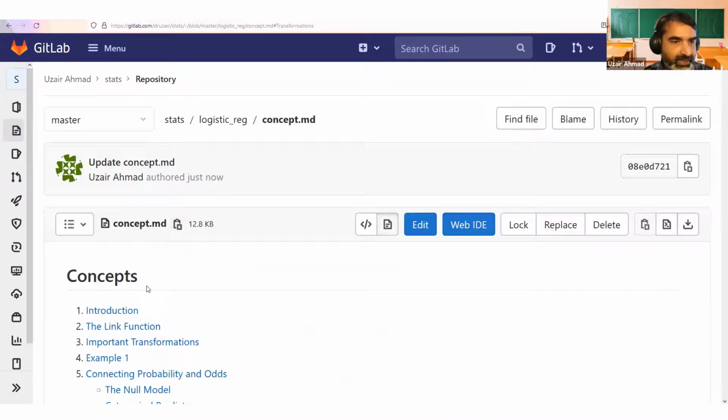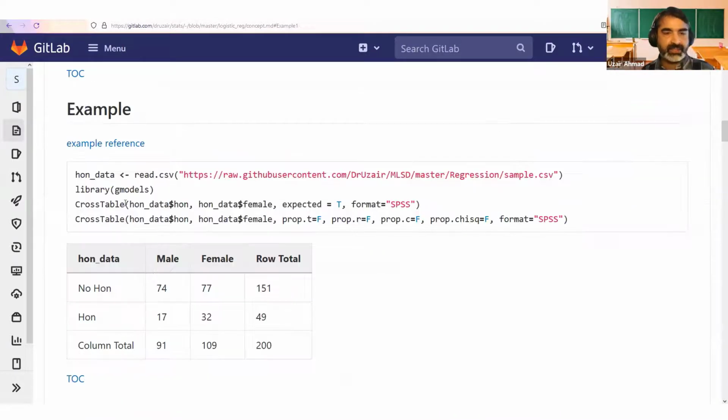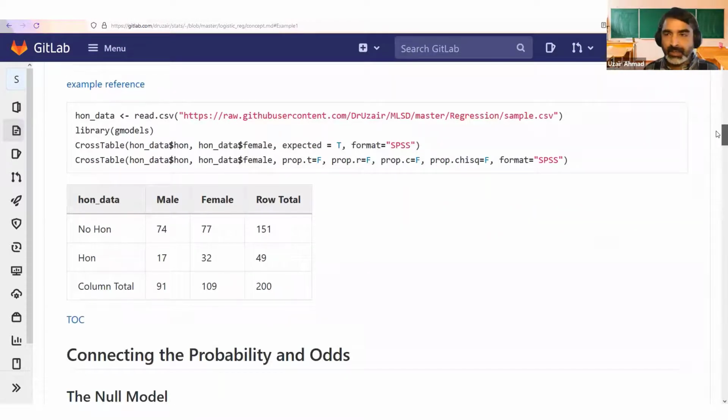I also provide some interesting examples here that you may like to read on your own and try to make sense of this modeling technique using a data set that is provided here.